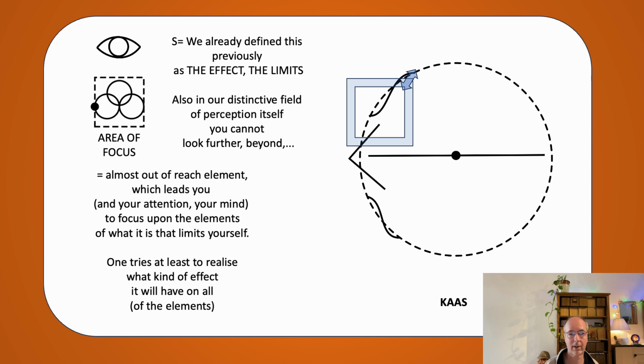That's more or less the attention field and the association field in our mind when we associate it with the perception of pattern recognition. So this out of reach element has this kind of focus on your attention, that you simply focus on what it will provide us, what will be the effect on all of the elements that are involved.